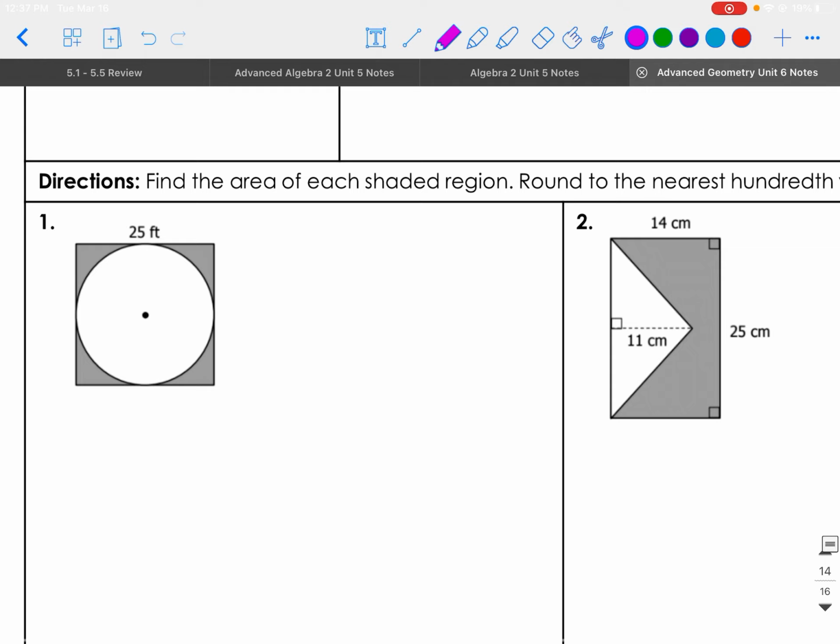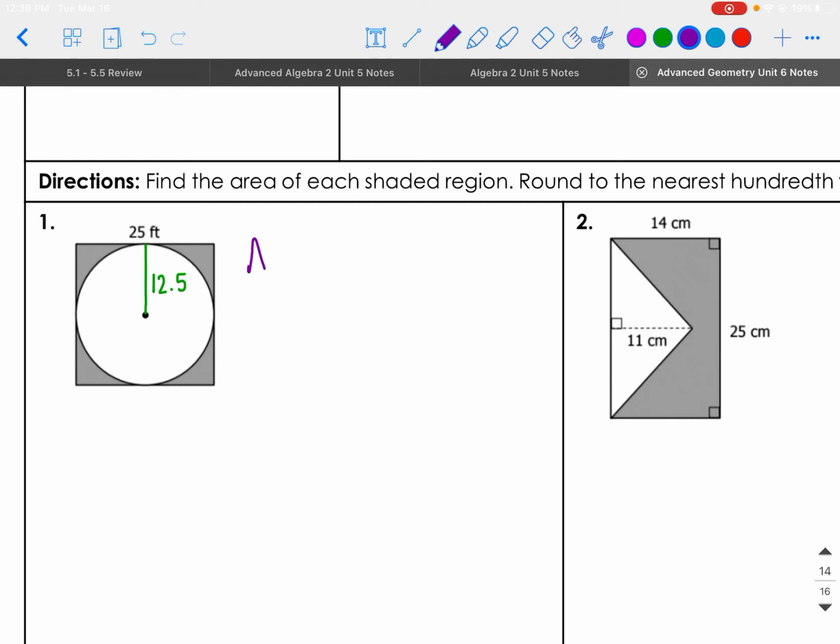So number one, I have a square that had a circle cut out of it. So the radius is 12.5 because the entire length of the square is 25.